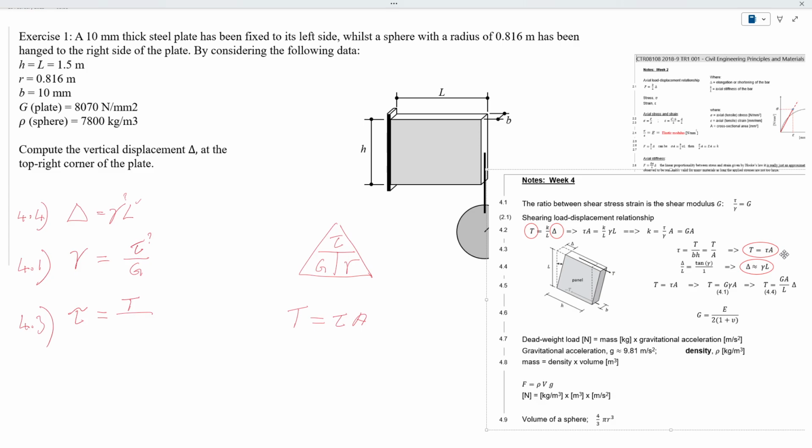Sorry, yeah, what am I doing here? Yeah, it is 4.3, force over area, breadth, and height. Okay? Force equals mass times gravity, or we would go rho v.